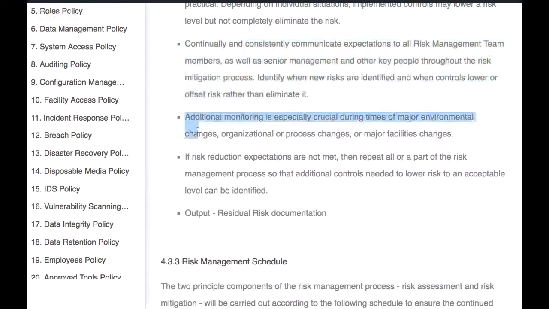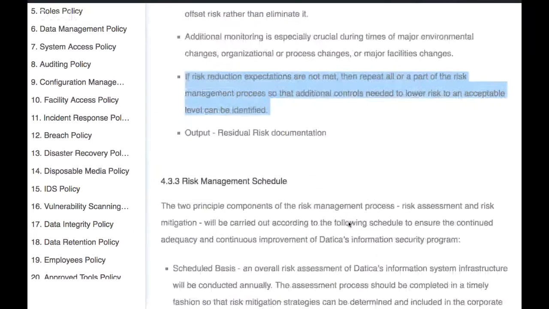Additional monitoring is especially crucial during times of major environmental changes, organizational process changes, or major facilities changes. If risk reduction expectations are not met, then repeat all or part of the risk management process so that additional controls needed to lower risk to an acceptable level can be identified. Output is residual risk documentation.